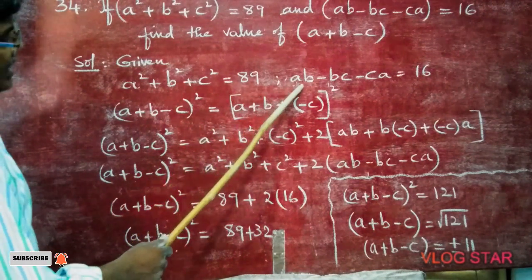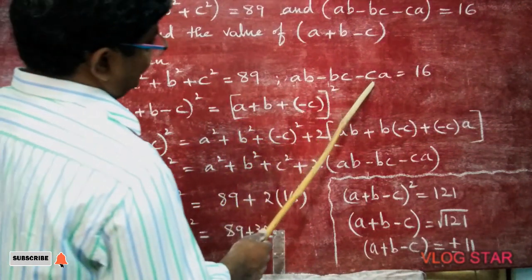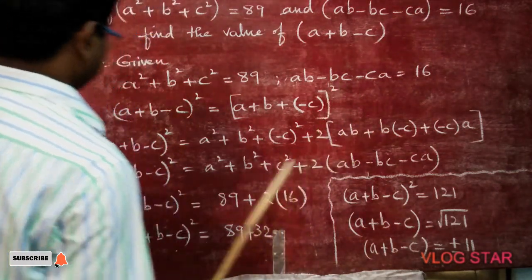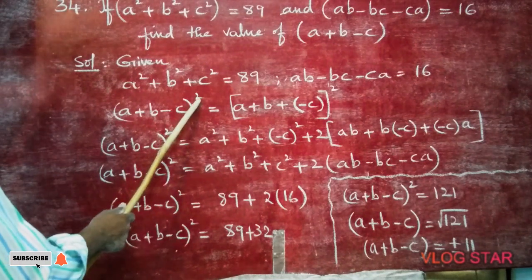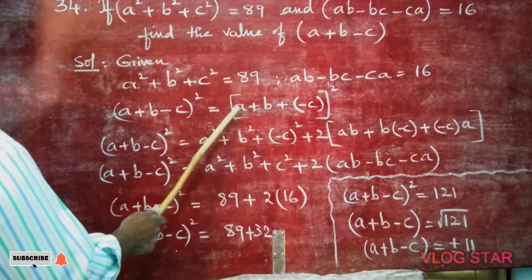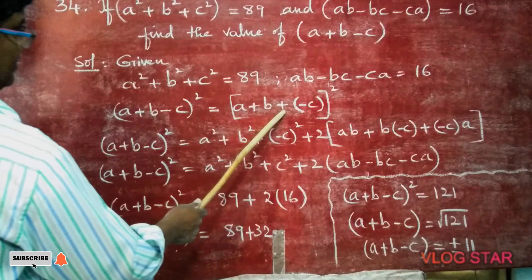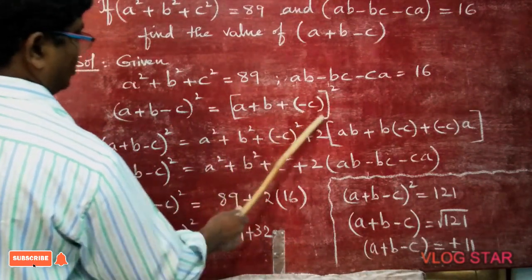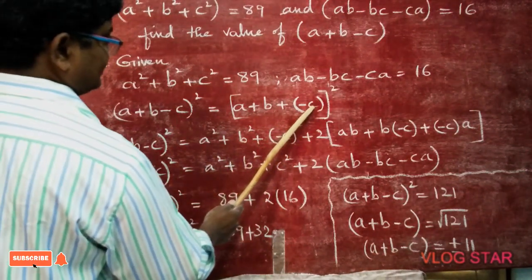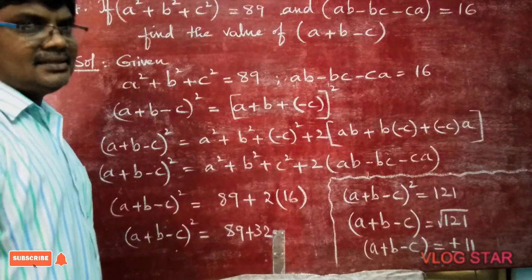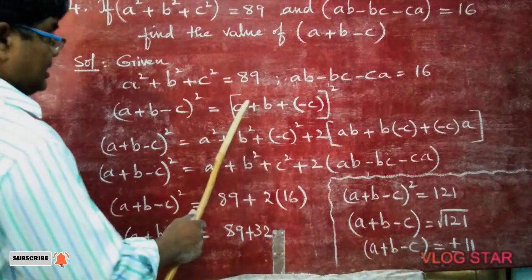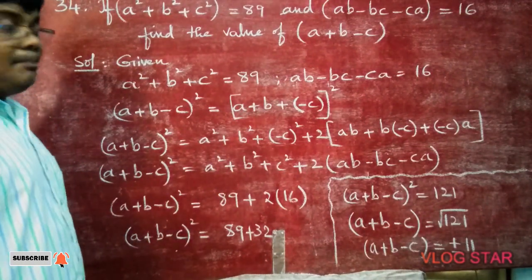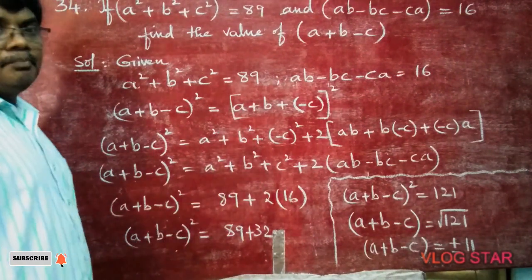And again, ab minus bc minus ca is equal to 16. (a plus b minus c) whole square. Another form of writing is (a plus b plus of minus c) whole square. Here in c's place, minus c is there. Sometimes in b's place minus b may be there. Sometimes a plus minus a may be there.